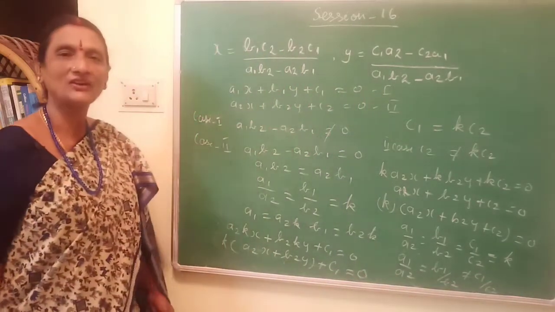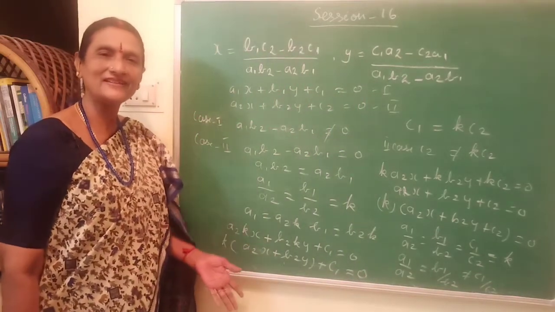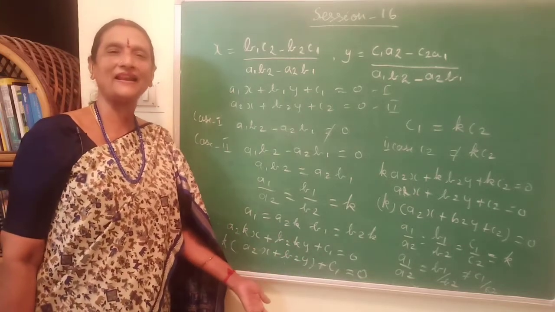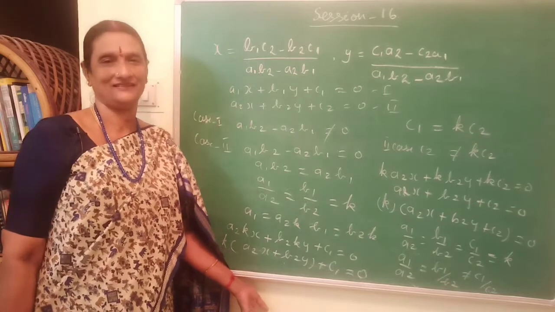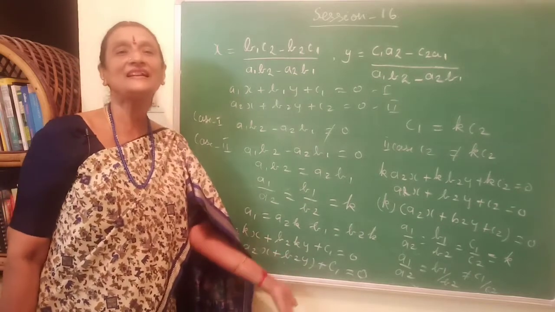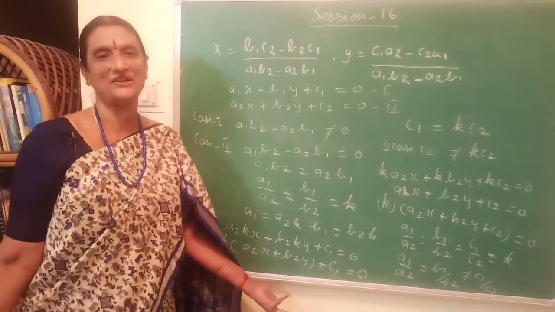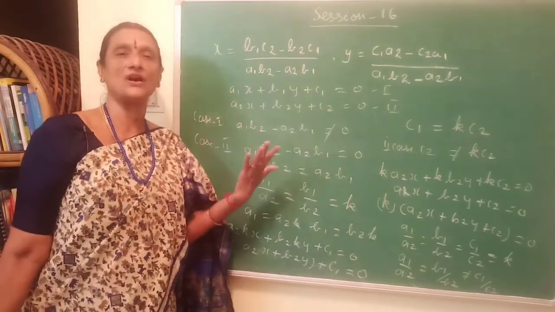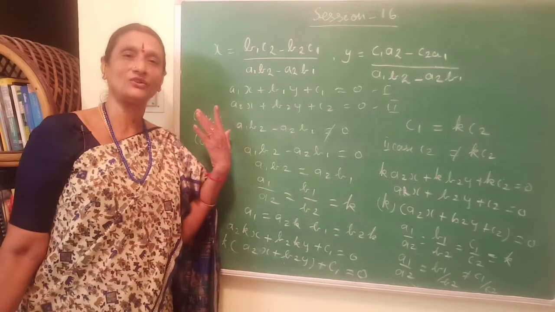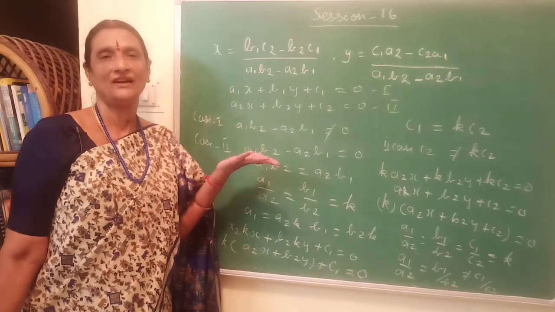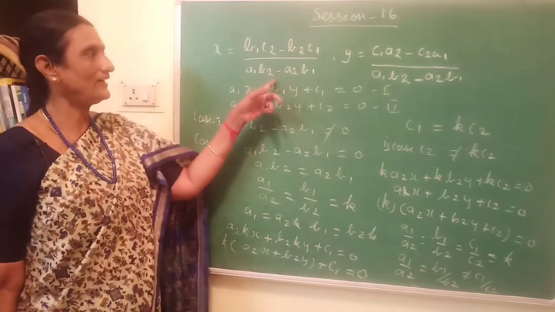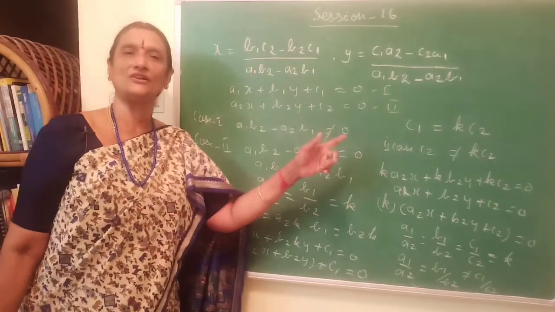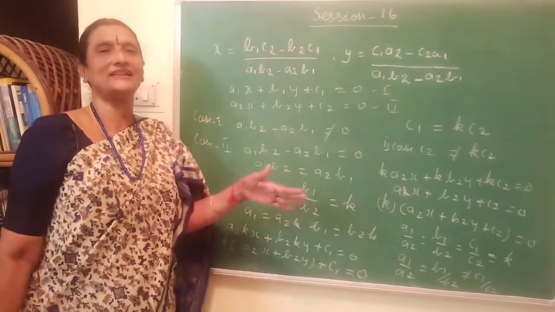In which case, what will happen? You will get a set of parallel lines. Parallel lines, they don't intersect each other. And the equations are inconsistent with no solutions. So again, we are going back to the same concept that we studied 2-3 sessions before. Are you understanding? If the value of a1b2 minus a2b1 is not equal to 0, you get a unique solution.